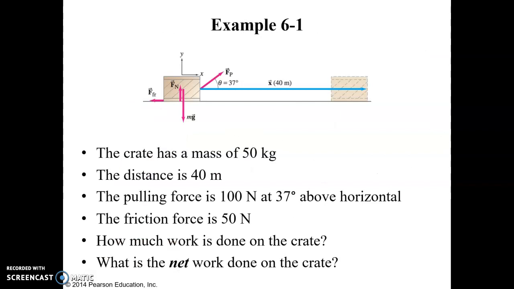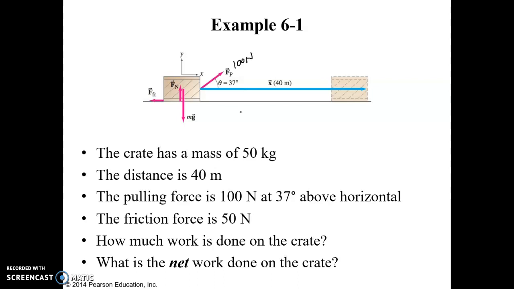Let's look at an example where we have a crate on horizontal ground, and we're going to apply a pulling force at an angle of 37 degrees. Then we're going to move it 40 meters across the floor. The force that we're going to apply is 100 newtons.